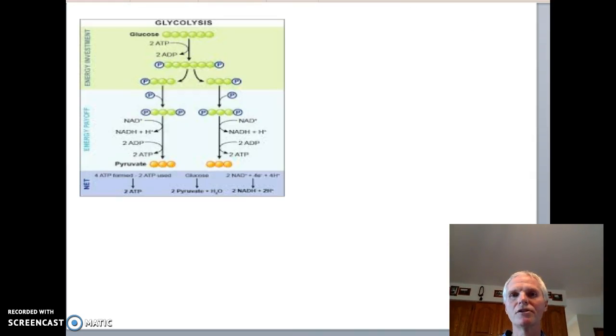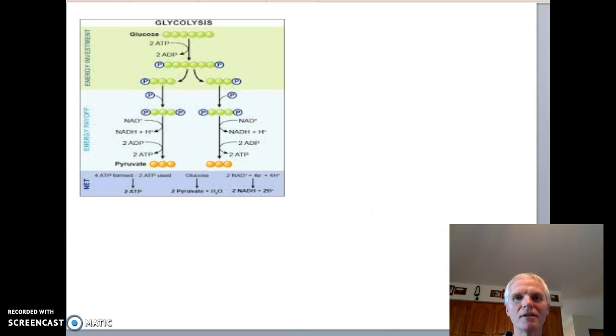This slide is showing you a diagram of the process of glycolysis, which again is anaerobic and occurs in the cytoplasm and is the first step to breaking down glucose in the process of cellular respiration. If you look in the green section of this diagram, again, the breaking down of glucose, but at the beginning, 2 ATPs are used up to kind of kickstart the reaction and get it going, just like you kickstart a motorcycle to get that going.